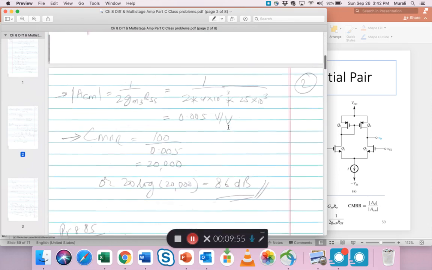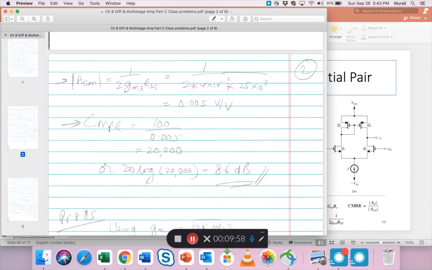So for CMRR to be high, the denominator has to be pretty low. Otherwise, it's a pretty useless differential amplifier. It is supposed to provide a very low gain for common mode signals. That's why all these denominator values should be low.